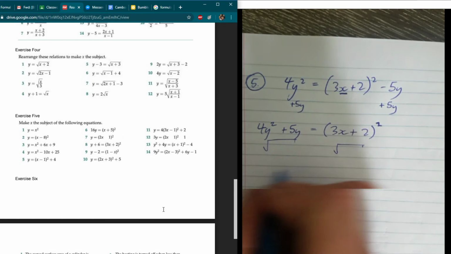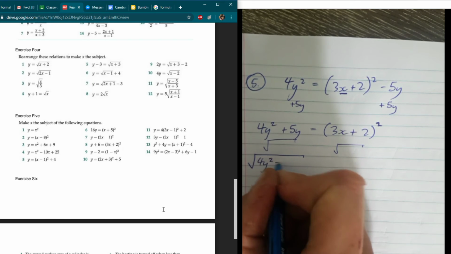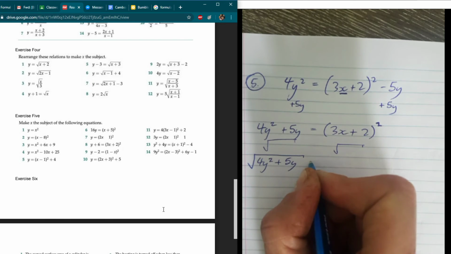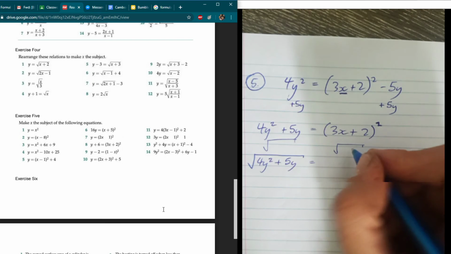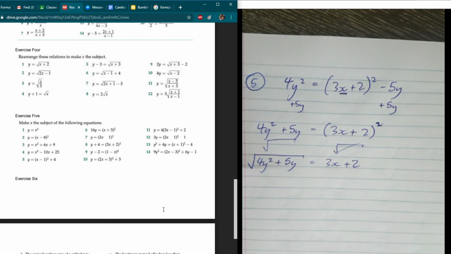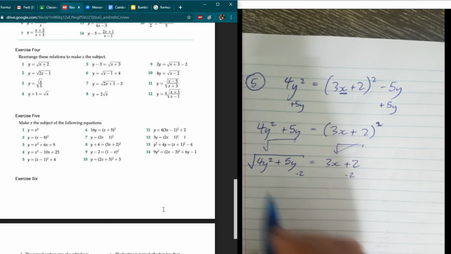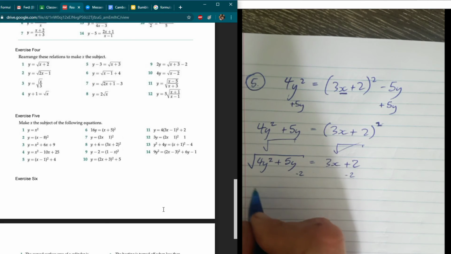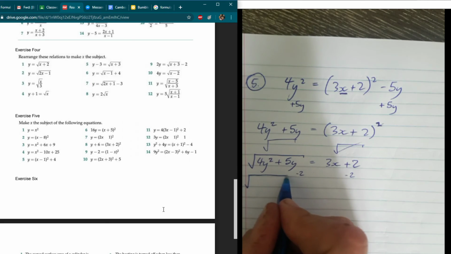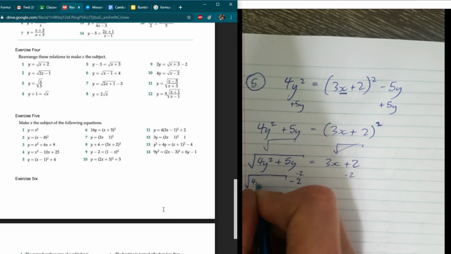So we're going to have a big square root of 4y squared plus 5y equals, these things cancel each other out, so we've just got 3x plus 2. Okay, now we're back into easy mode. The opposite of plus 2 is going to be minus 2, and we're going to have to do the same to both sides. The minus 2 is going to have to be applied outside of the square root.